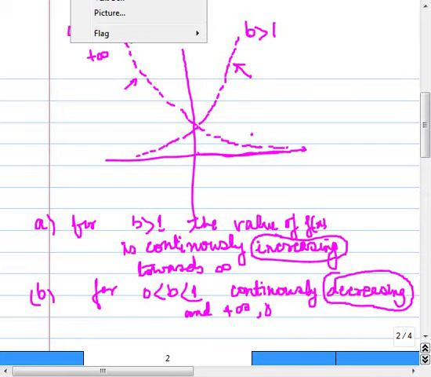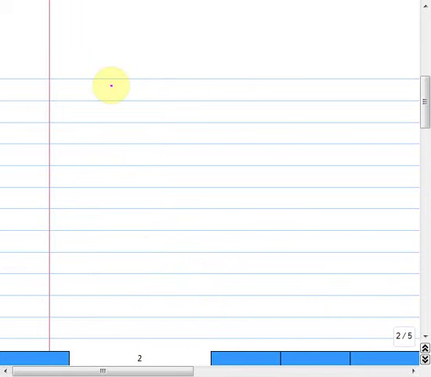As we have explained in the chapter on inverse, for b greater than 1, continuously increasing implies a one-to-one function.